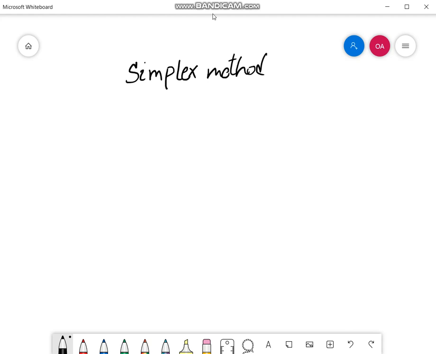The simplex method is used to solve linear programming problems, and there are many extensions of the simplex method.